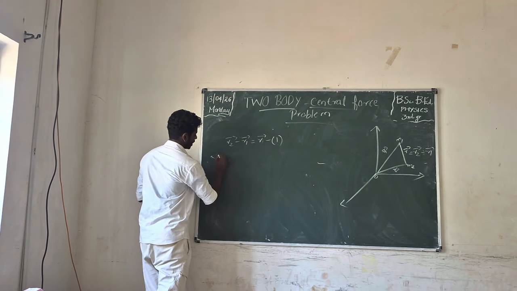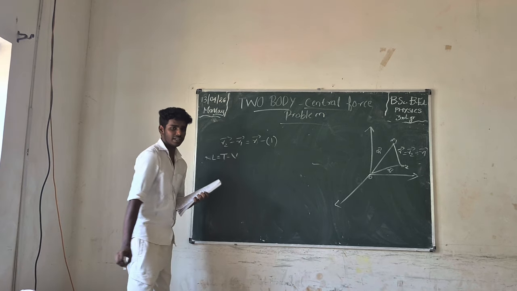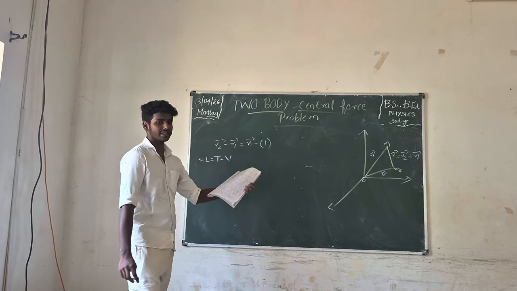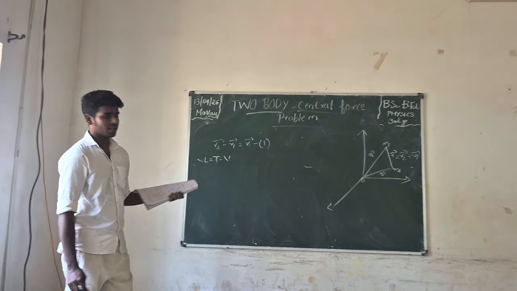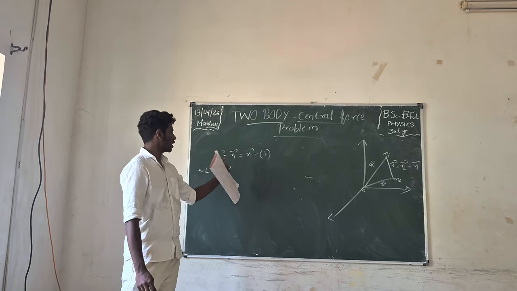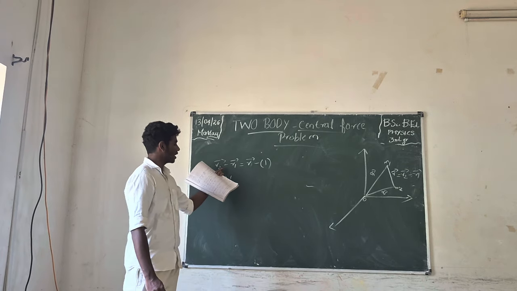So the Lagrangian will become L is equal to T minus V, and from here, what are T and V? T will be equal to, there are two masses m1 and m2 and two position vectors r1 and r2.